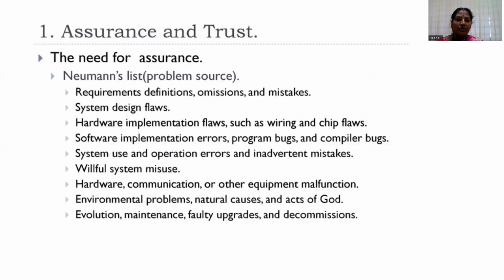So, on the need of assurances, you can provide a checklist, which will provide the sources for the assurance. The assurance can be given in requirement definition or in hardware implementation. If there is any error in a program or software, then based on that, the assurance has to be given for the resources that we are using.